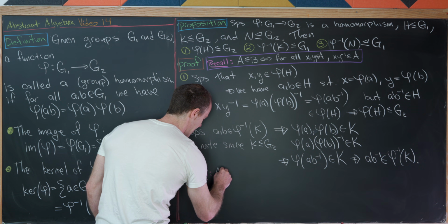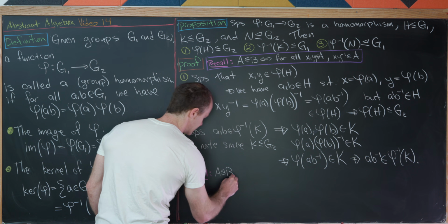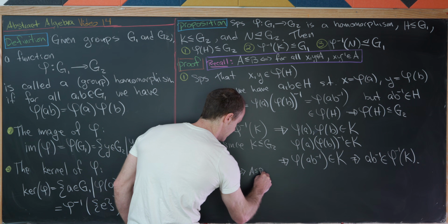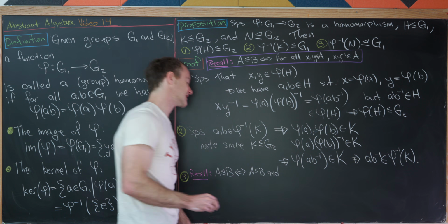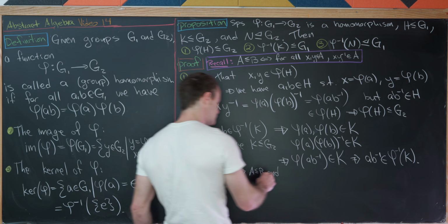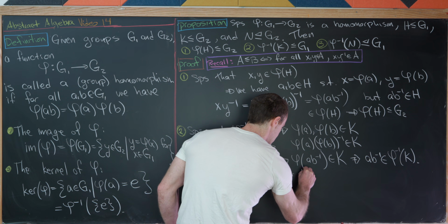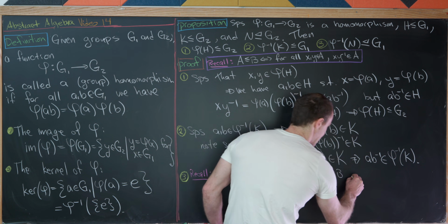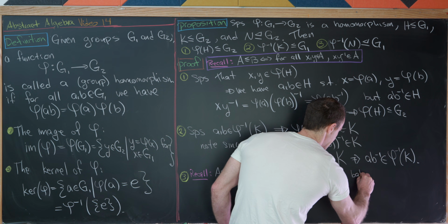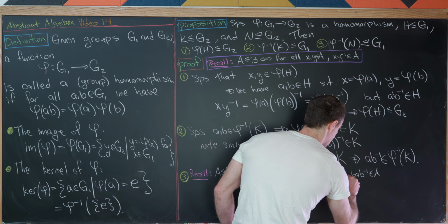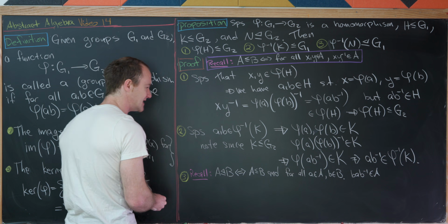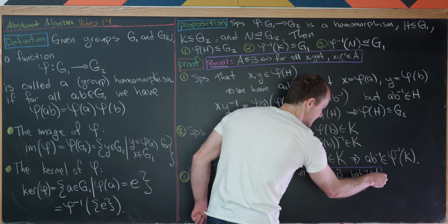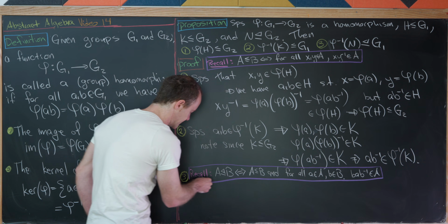So let's recall that A is a normal subgroup of B if and only if A is a subgroup of B and it satisfies the following condition. So for all a in A and b in B, we have b a b inverse is an element of A. So that's the definition of normality, or one of the equivalent definitions of normality for subgroups.